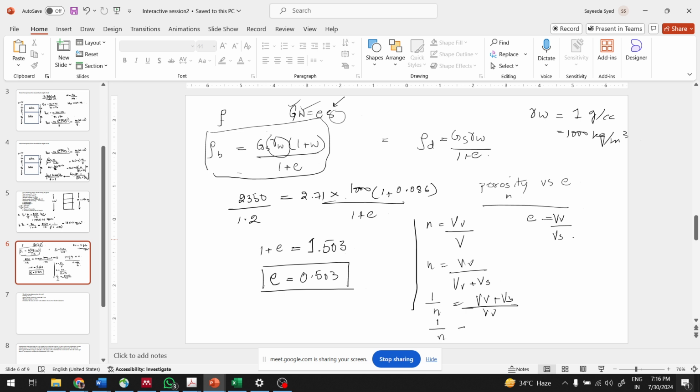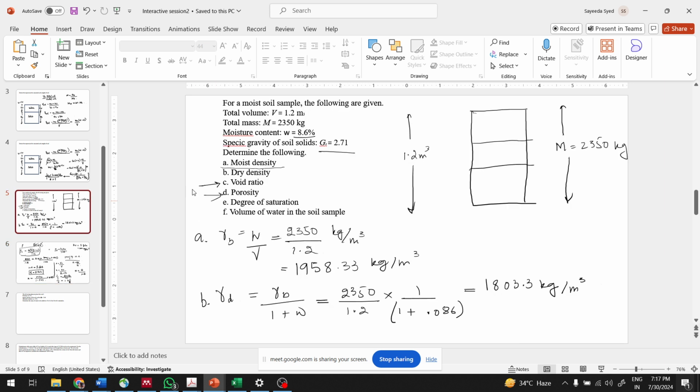That means 1 by n equals 1 plus volume of solids by volume of voids, which is inverse of E. So basically n comes out to be E over 1 plus E. So here we will have 0.503 over 1.503, which will be 0.33. So n comes out to be 0.33.